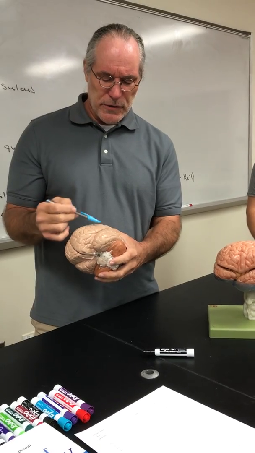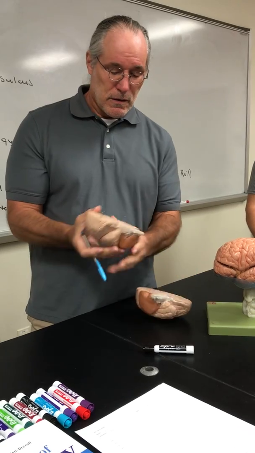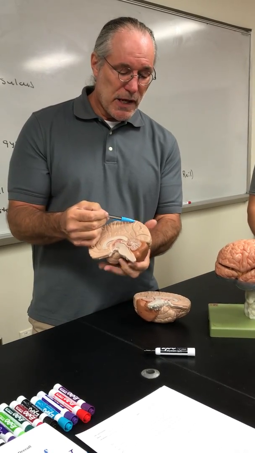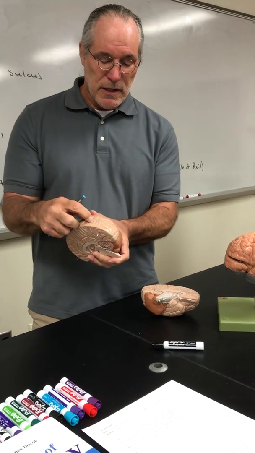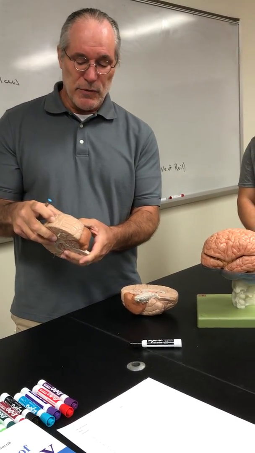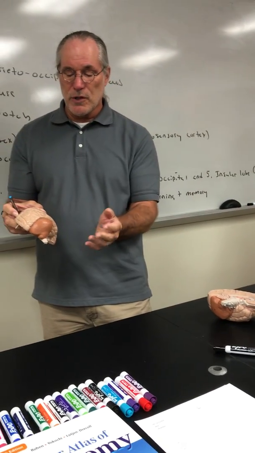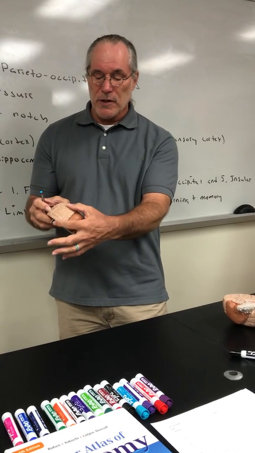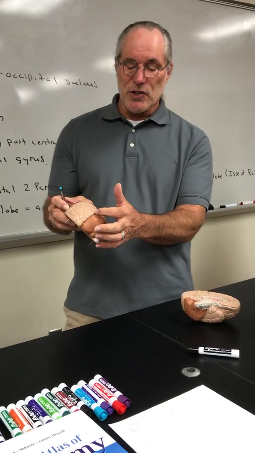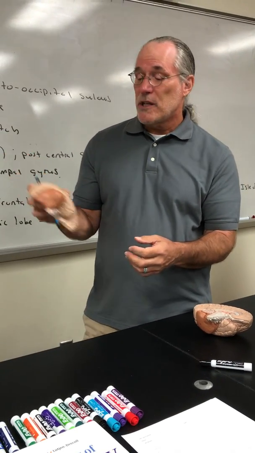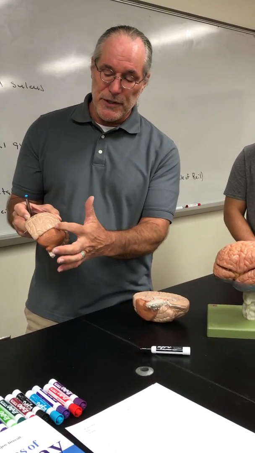Okay, so central sulcus, lateral sulcus, parietal occipital sulcus. This parietal occipital sulcus is kind of funny because it only comes up to about here, then it ends. So we have to draw it in there to separate the other parts from the occipital lobe. And this is where we use this other notch. If you look on here, we have the pre-occipital notch, which is the highest point above the cerebellum.